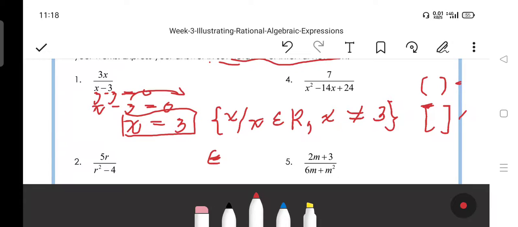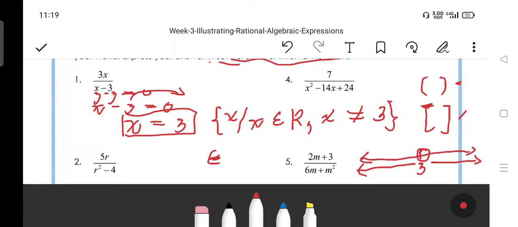On the number line, if we have here positive 3, all numbers to the left of 3 are possible solutions, and all numbers to the right of 3 are possible solutions except 3.